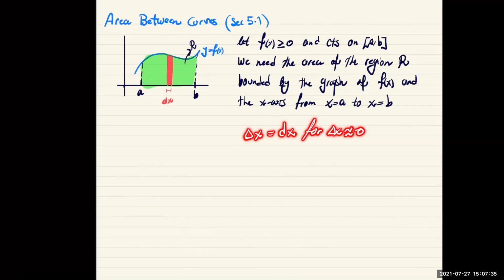For a really, really small delta x, we just call it dx. And the length of this rectangular strip is the same as y, because this point is on this graph. Therefore, we call the length y, or f of x.